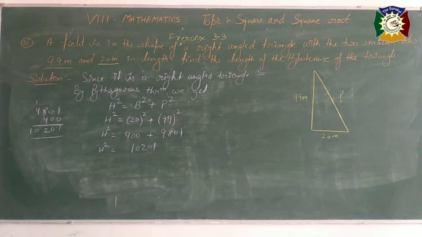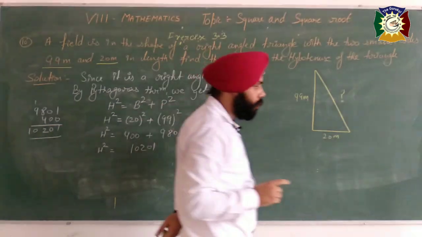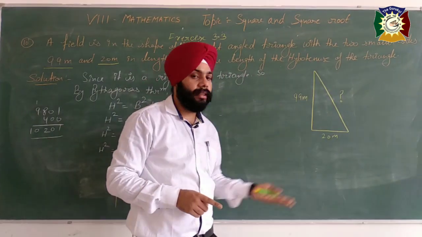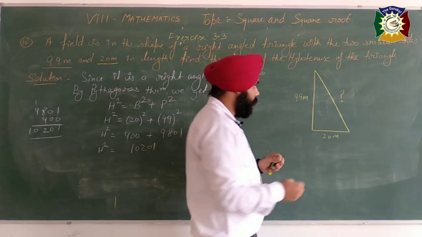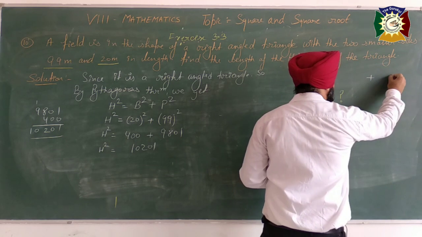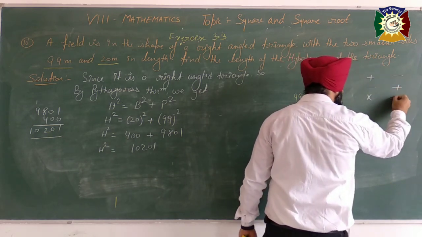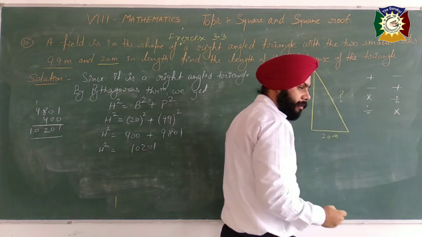So now this one square here, in previous classes we understood that when we transpose any value from left hand side to the other side, that is right hand side, its sign is changed: plus changes into minus, minus changes into plus, multiply changes into division, division changes into multiply.